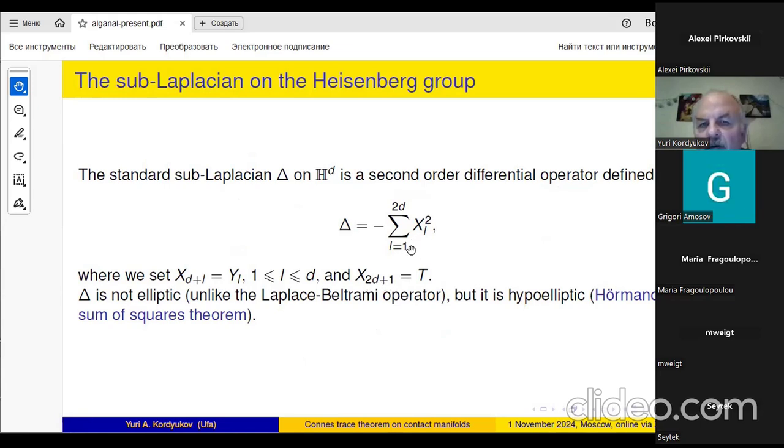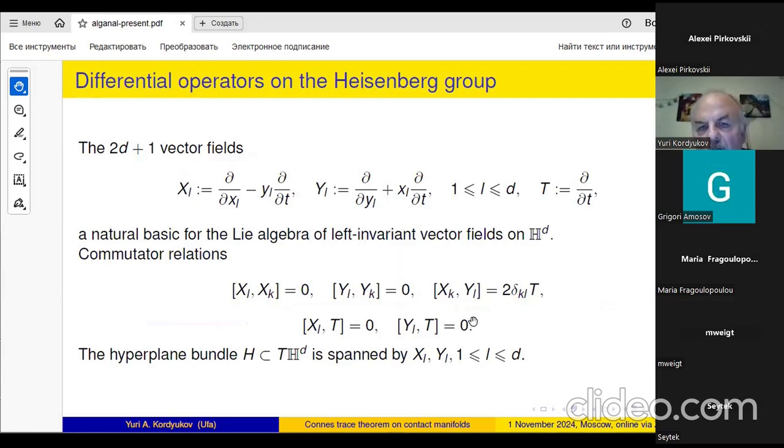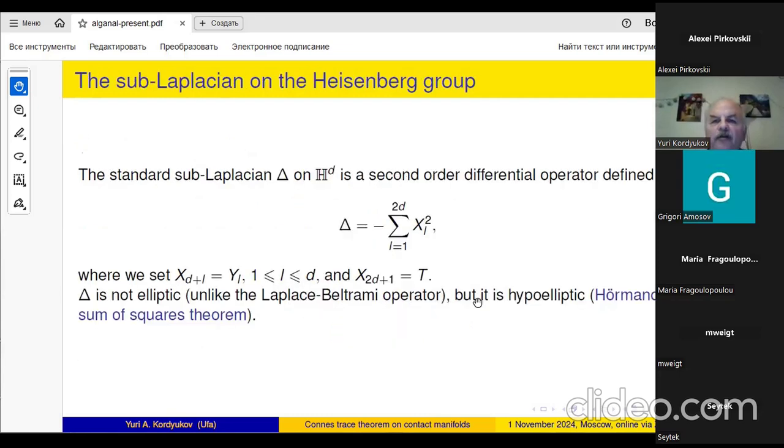We have derivatives only with respect to directions of H. But it turns out that because of this bracket generating property, when we take the commutator of X and Y, we have T. So there is no T among X and Y, but T appears as the commutator of X and Y.